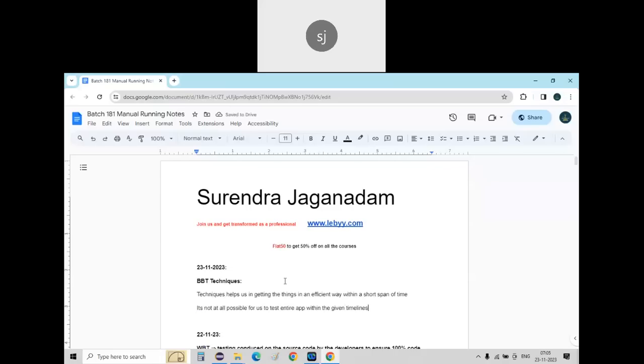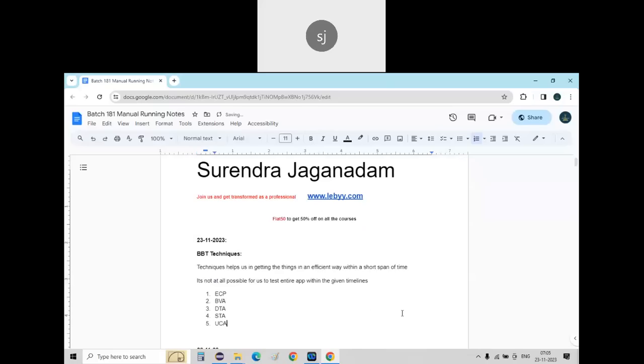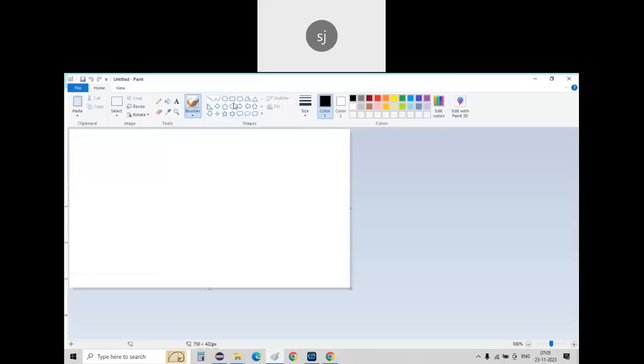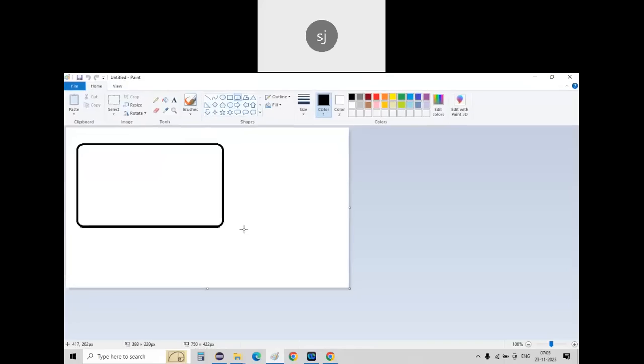In order to test the application effectively within a limited time frame, we definitely need those techniques, and the techniques we use as part of black box testing are black box testing techniques. So, the equivalence class partition, boundary value analysis, decision table analysis, state transition, and use case analysis. Let me show you a simple example so that we can better understand the first technique.